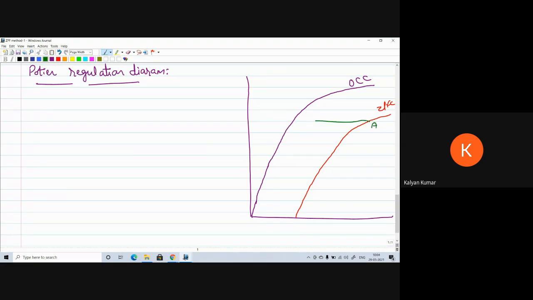Suppose this is point A, this is B, this is C, this is D. So ACD is the Potier triangle.